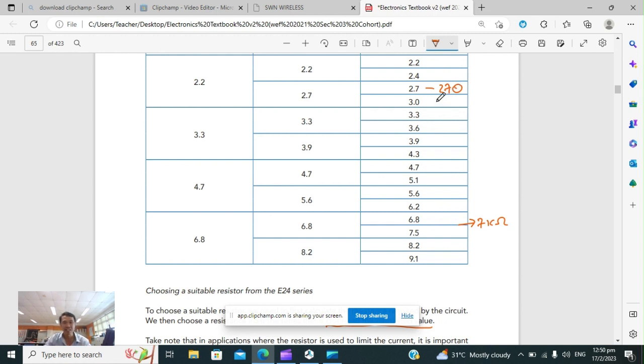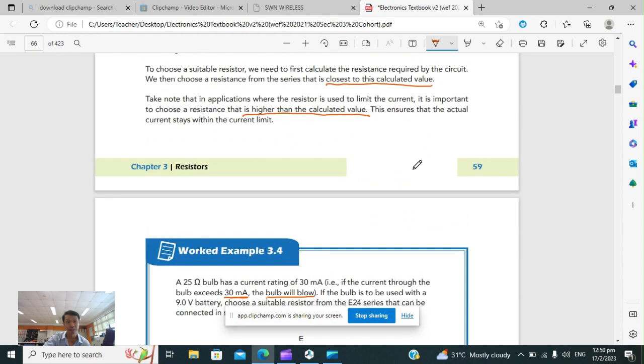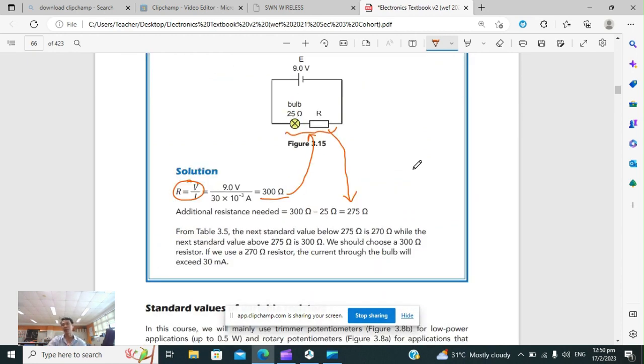Therefore, I need a higher resistance instead of a closer, lower one. So I would instead choose 300 ohms. Yes, the current will be slightly lower, but it's okay because I want to limit the current. I may not be able, by using this value, to get the brightest output of the lamp, but at least I protect the lamp from blowing.